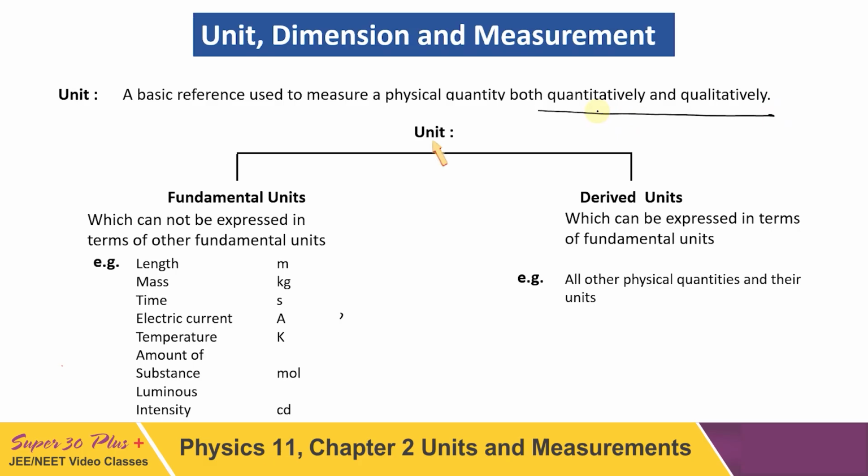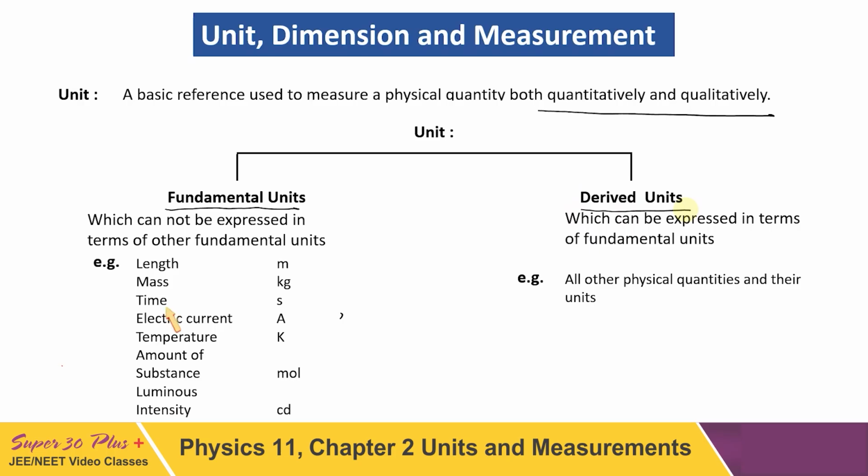Now we can categorize unit in two parts. First is fundamental unit and other is derived unit. What is fundamental unit? Fundamental unit is which cannot be expressed in terms of other fundamental units. Like we cannot express mass in terms of length. Can we? No. Or can we express time in terms of distance?